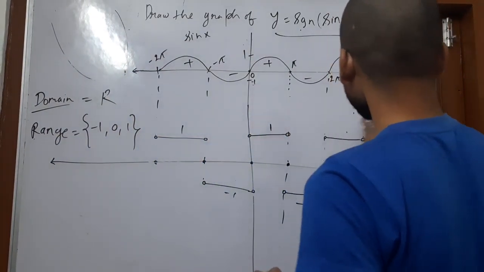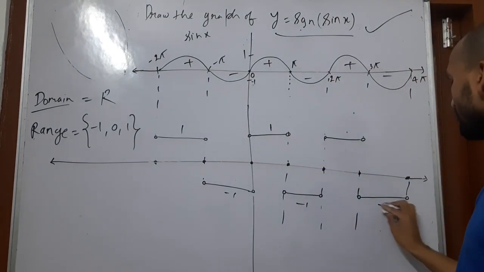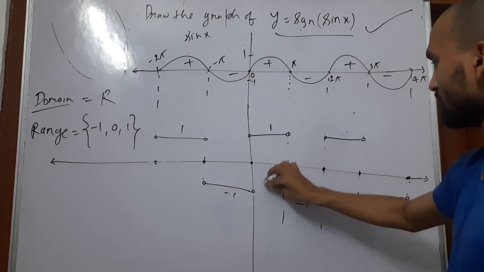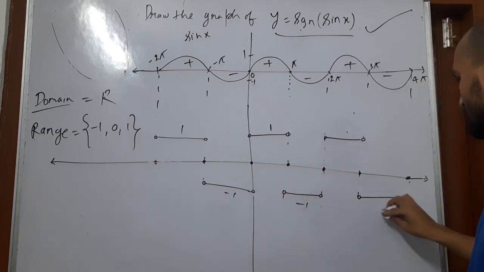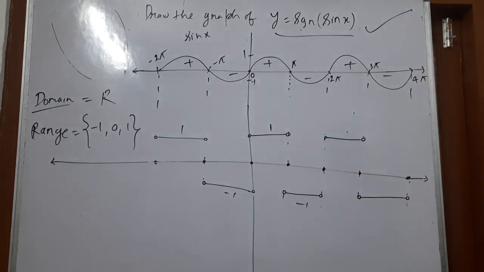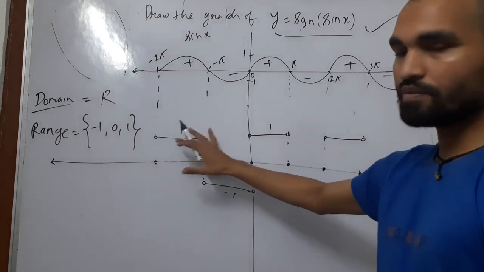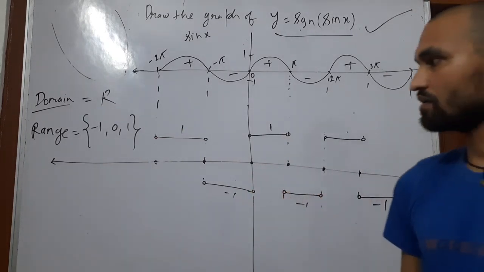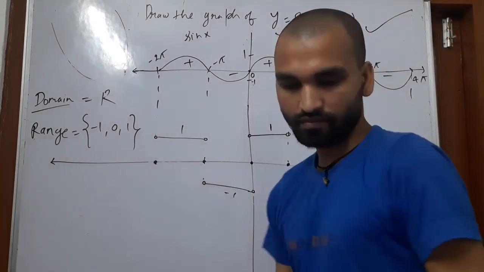Now you can see the graph clearly on the board. Okay students, now the appearance of the graph is clear. Where is 1, where is minus 1.